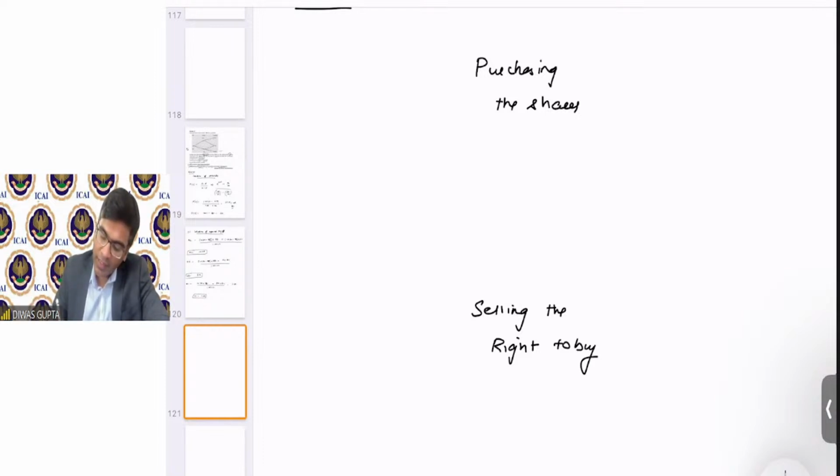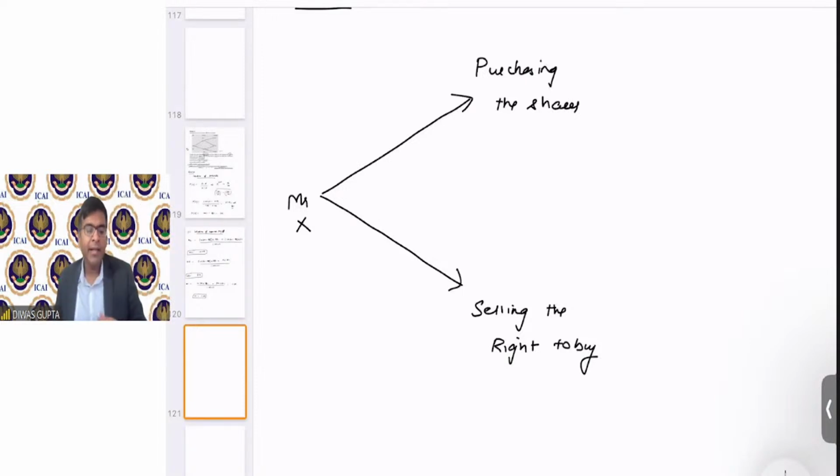So let's assume that this is done by Mr. X. Mr. X purchases the shares and simultaneously he also sells the right to buy. That means he writes a call option.